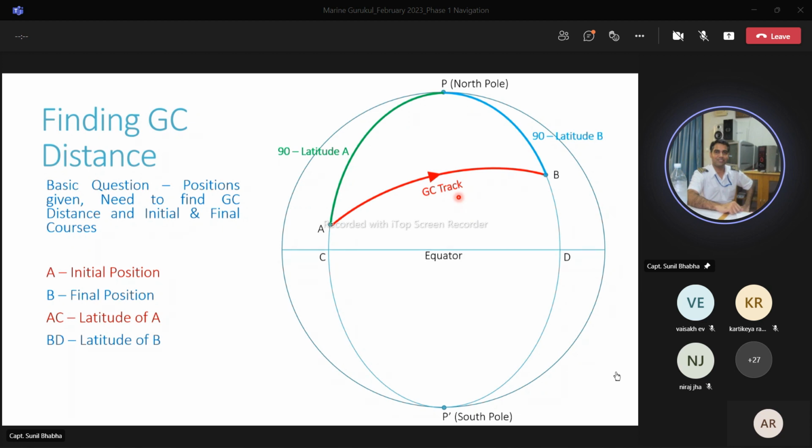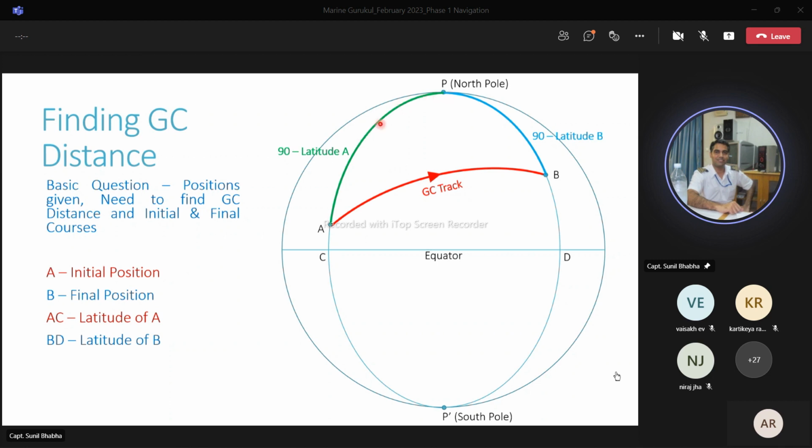So we have a triangle, Papa Alpha Bravo, PAB triangle, formed on the surface of a sphere, which is the Earth, all three sides of which are arcs of great circles. So this tells us that this Papa Alpha Bravo triangle is a spherical triangle. In this triangle we have already identified the two items which we know.